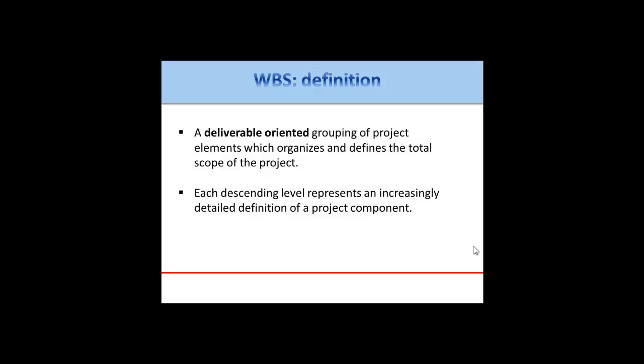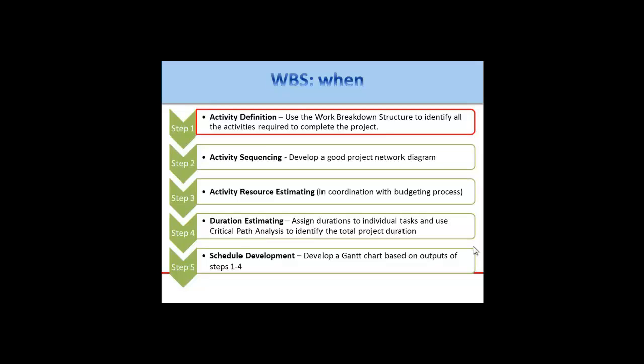Well, we know that the work breakdown structure is a useful tool. It focuses on the deliverables of the project, and it's a whole scope, so it has to be comprehensive and detailed. So the idea is that it covers all the work of the project, every activity, every task. And think about it this way. If you haven't got a comprehensive and detailed or decomposed idea of all the work of the project, how can you sequence?